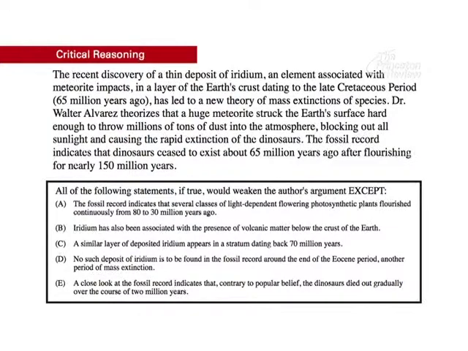D. No such deposit of iridium is to be found in the fossil record around the end of the Eocene period, another period of mass extinction. E. A close look at the fossil record indicates that, contrary to popular belief, the dinosaurs died out gradually over the course of 2 million years.